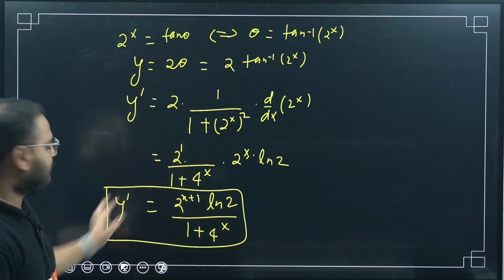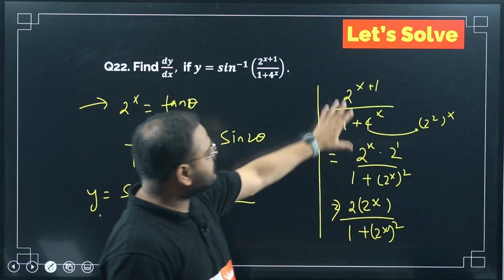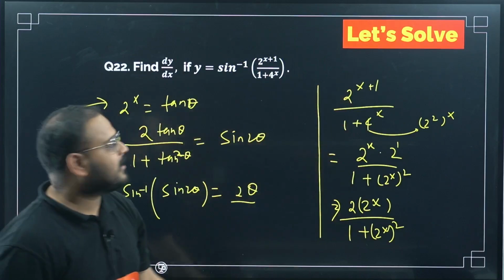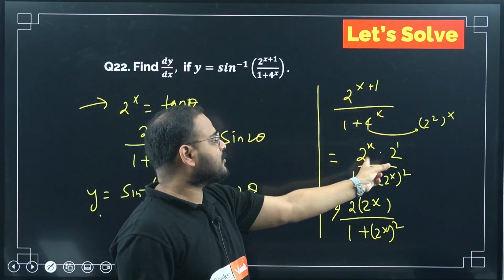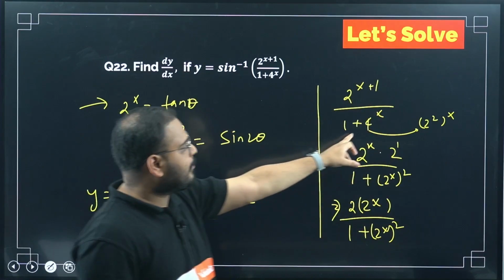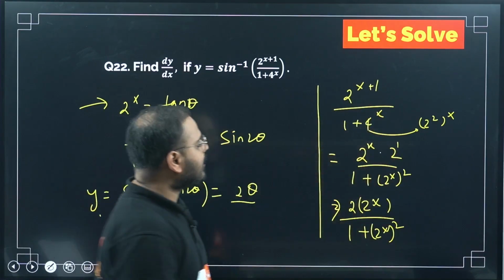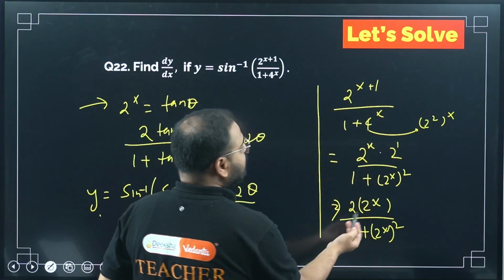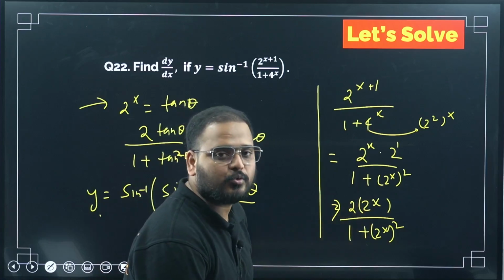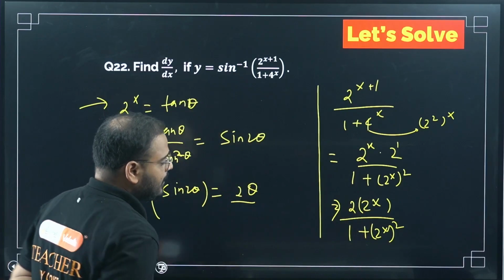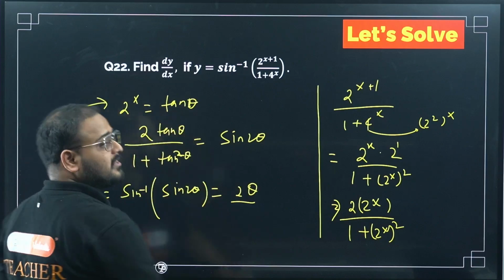I'll repeat this step. The previous one you understood, right? I took the bracket here and got the expansion of 2 power x plus 1 as 2 power x times 2. Same thing I did with the power rule in the denominator. Now I got 2 times 2 power x plus 1 plus 2 power x the whole square. I used the substitution 2 power x equals tan theta.